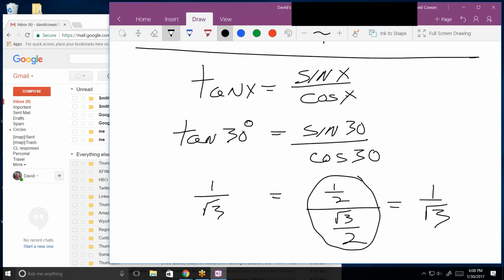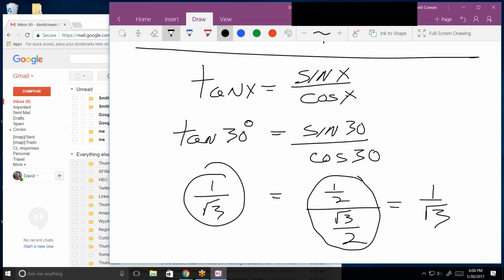I have another student, all my pre-calc students are now in trig, and one of them has a teacher that told him, do not worry about rationalizing these things in trig. Trig is all about ratios. There's nothing wrong with this answer right there. Okay?